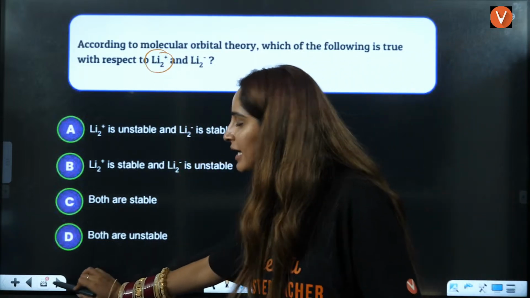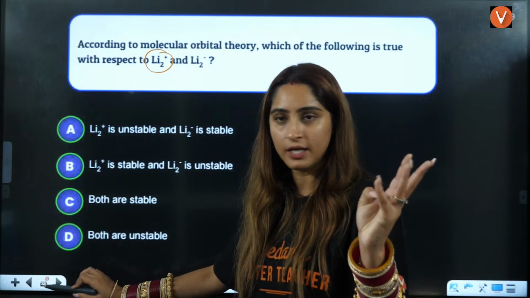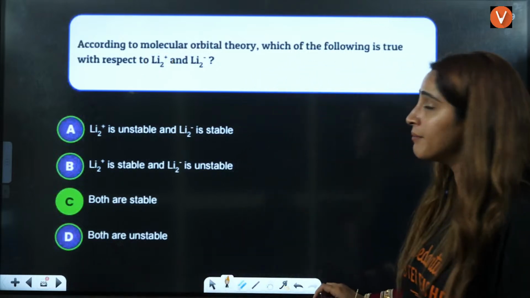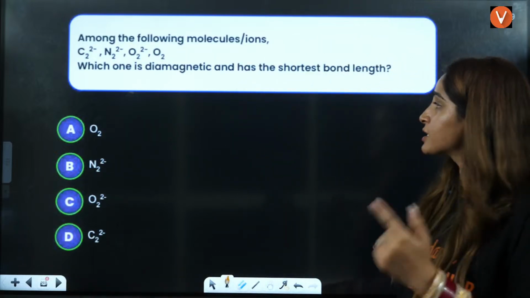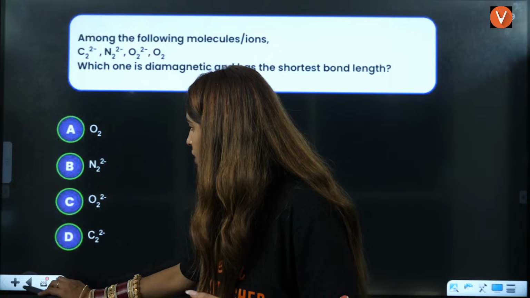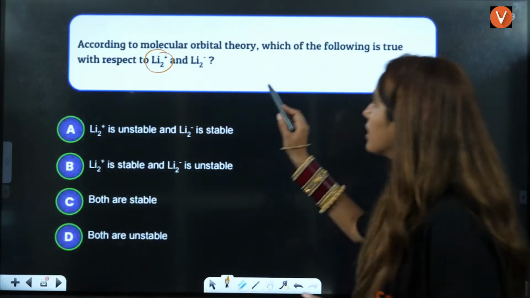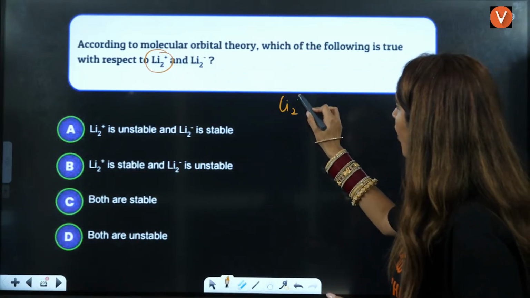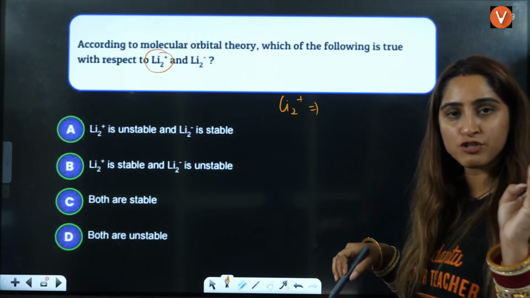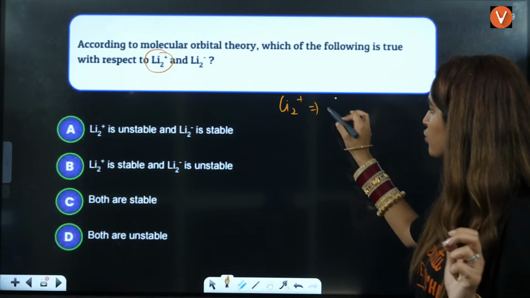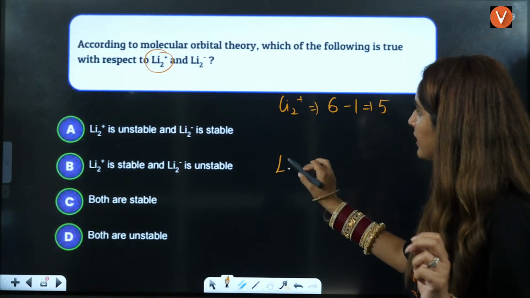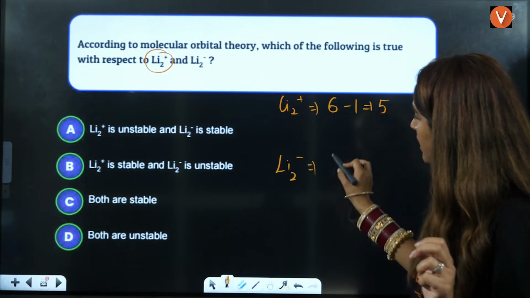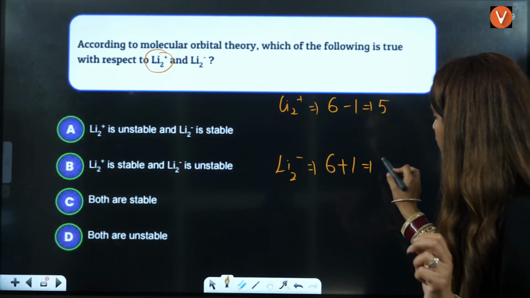If you talk about Li, hydrogen, helium, lithium, lithium is 3. 3 into 2, 6. 6 minus 1, it is not written, so I'll just solve it for you. So, Li2 positive, that is nothing but hydrogen, helium, lithium. 3 into 2, 6. 6 minus 1 is 5. Li2 negative is 6 plus 1 is equal to 7.